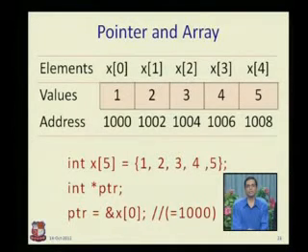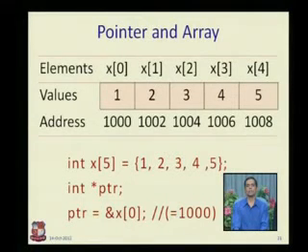Now see, it is 1002, not 1001. Why? Because x I have taken as an integer array. int x[5] is equal to 1, 2, 3, 4, 5 as I have written in the line below. So an integer is of 2 bytes. So I will be adding 2 to the address: 1000, 1002, 1004, 1006 and 1008.